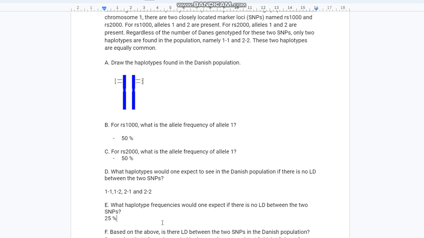And that can be seen because the two loci are not dependent on each other. So the probability of, let's say, pulling 1 and 2 is P1 times P2. So the haplotype frequency one would expect is 25%.